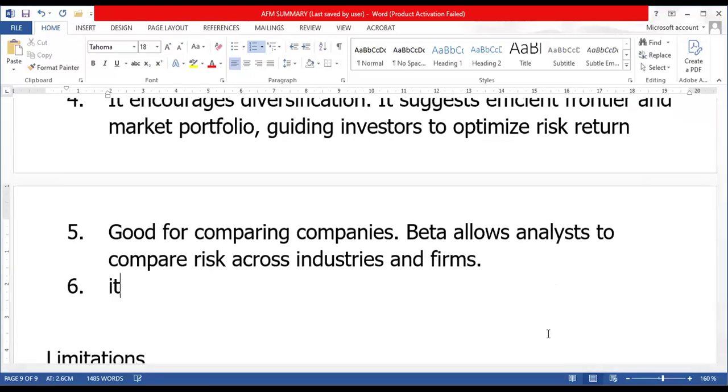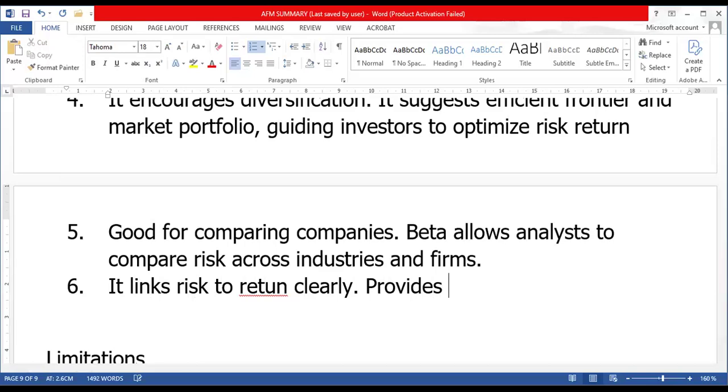Maybe another point you can put: it links risk to return clearly. This model provides a straightforward relationship.